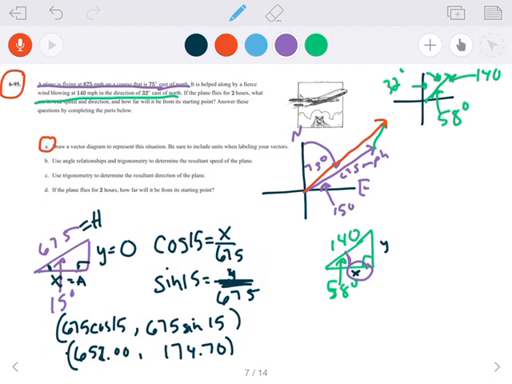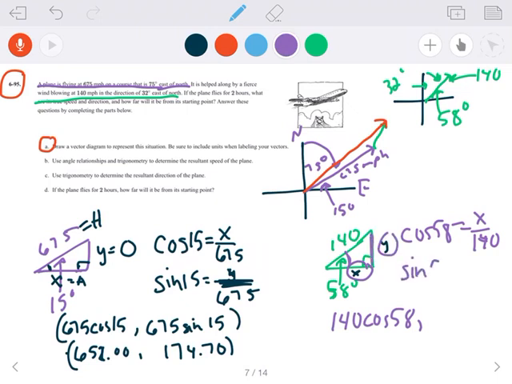So to write the x value, that would be cosine because it's the adjacent angle. So cosine of 58 is equal to x over 140, which is written as 140 times the cosine of 58. And to find the y length, we're talking about the opposite side, which is sine, so sine is equal to y over 140.